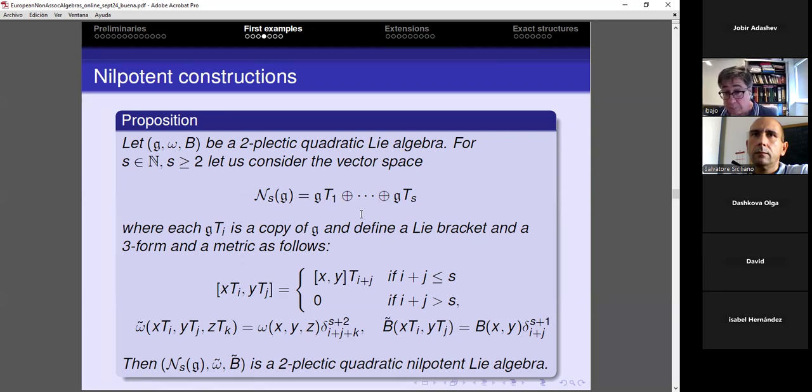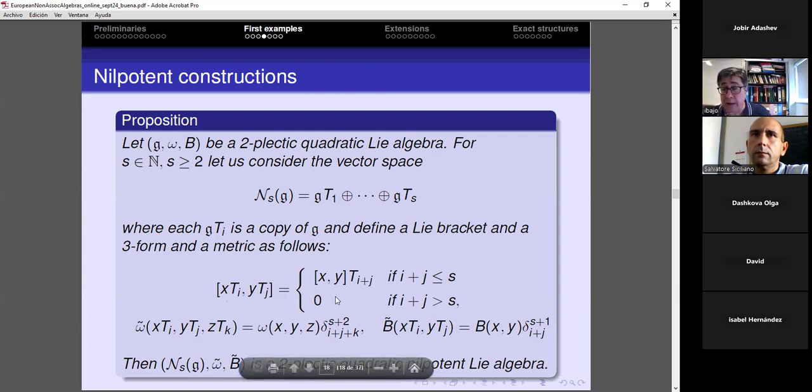But then we define the bracket in the following way: the bracket of x t^i and y t^j is [x,y] t^(i+j). And from some number bigger than S, it goes to 0.